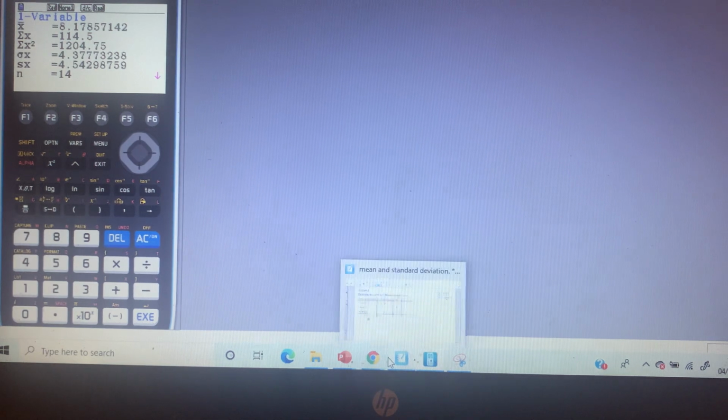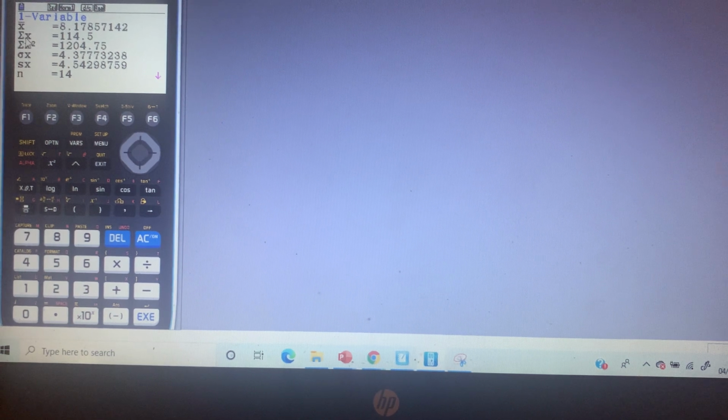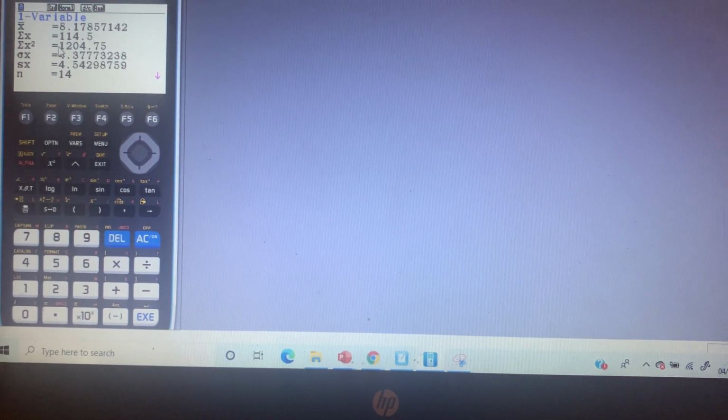So the issue with the calculator, and I'll just write a little bit at the end about it, is it's such a shame it doesn't put an F in there. Because really this isn't the sum of the x values, it's the sum of fx, and this is the sum of fx squared. So I'm just going to write these down.